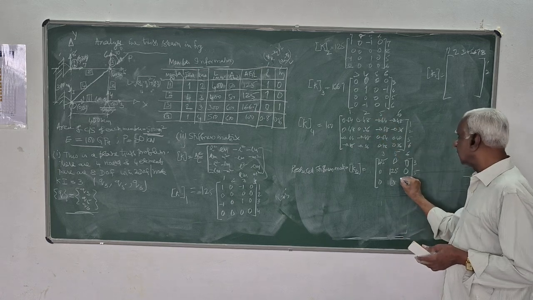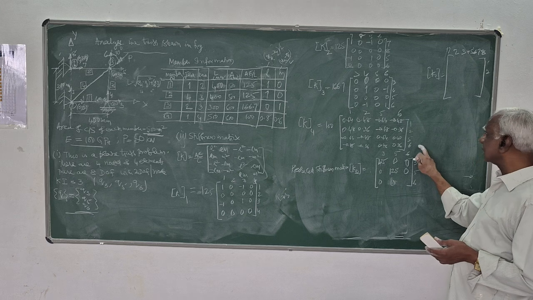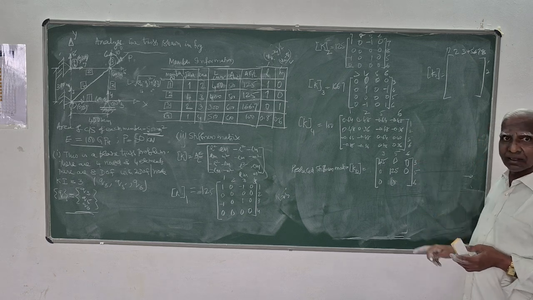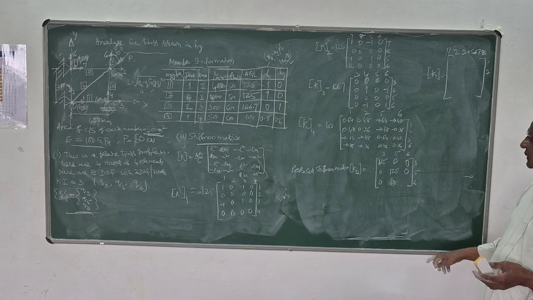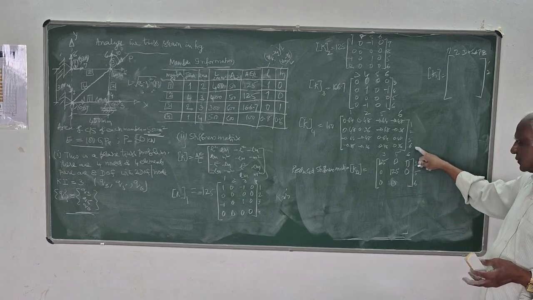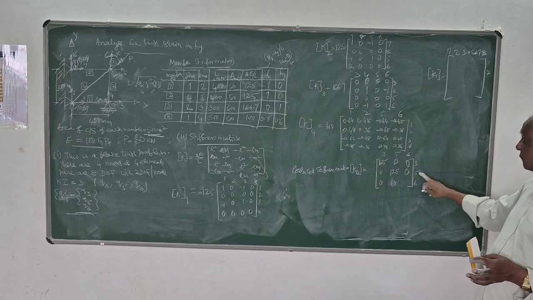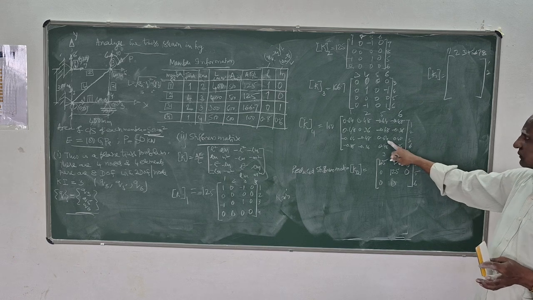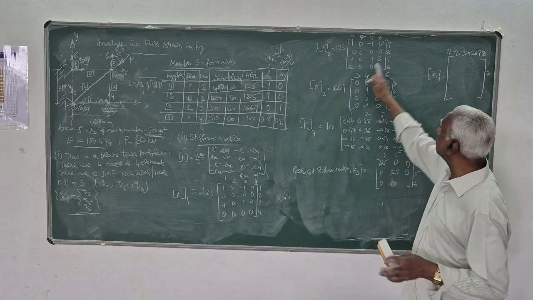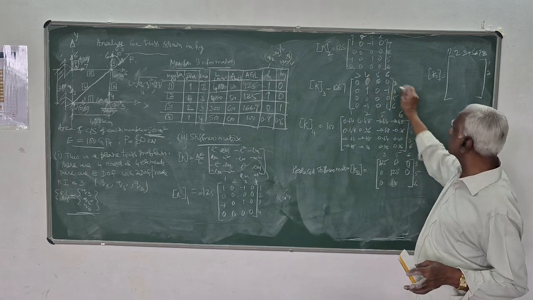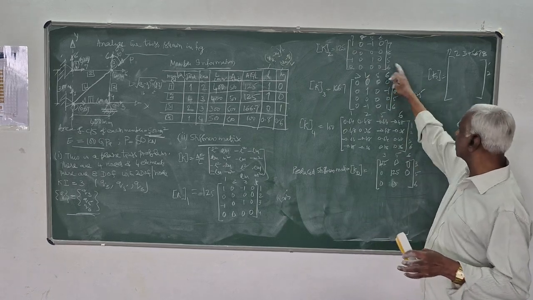166.7. Oh, this I didn't take at all. I didn't consider this at all. Here, of course, 3 is not there. 5 is here. So 5, 5. Here you don't have. Here 5, 5 is 125.